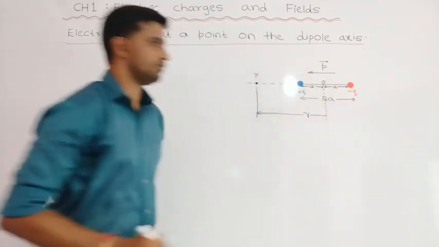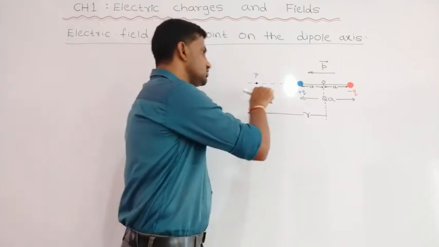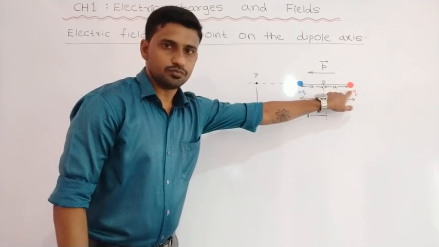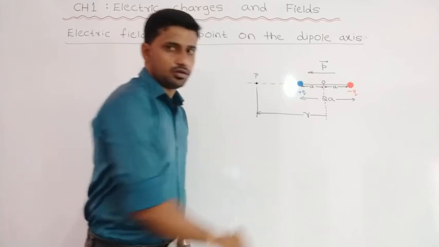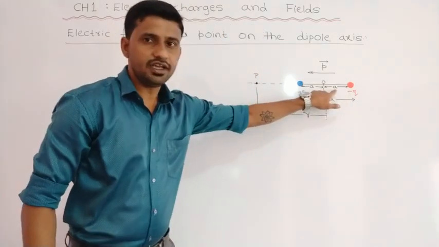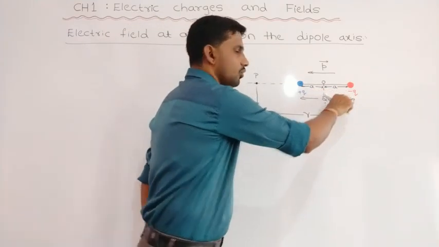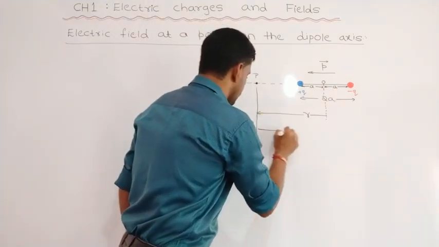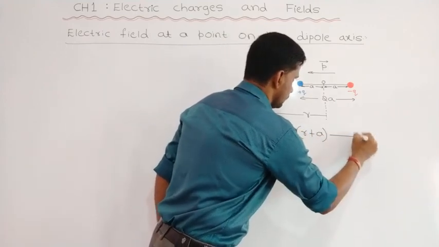And the distance of point P from the charge minus Q becomes, see here, from point P to the center it is r, and from the center to the minus charge it is a. Then the total distance from point P to charge minus Q is nothing but r plus a.